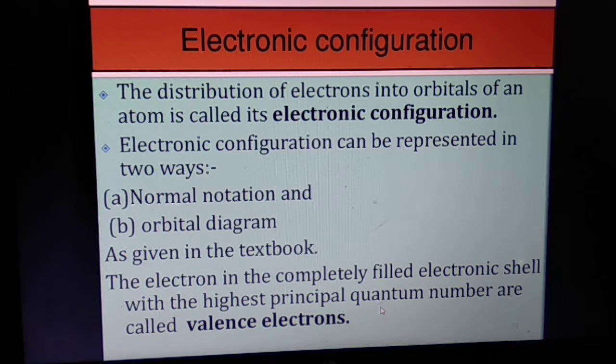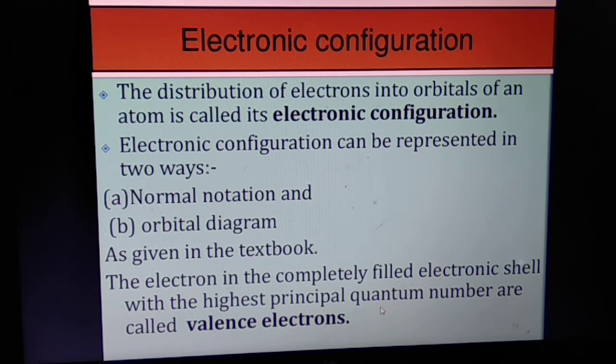And students will practice many atomic electronic configurations and ion electronic configurations, and we'll discuss the exceptional cases in electronic configurations for chromium and copper. Chromium, atomic number 24, electronic configuration argon 3d5 4s1, and copper electronic configuration argon 3d10 4s1.